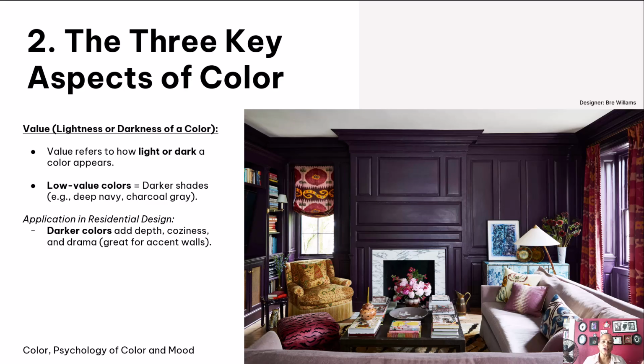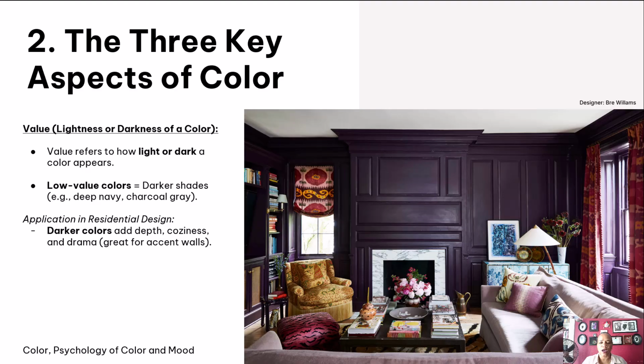And some colors just are naturally higher or lower in value. So yellow is a high value pure color, whereas blue is a lower value pure color. So even though no black or white has been added, they are still considered higher or lower value colors.